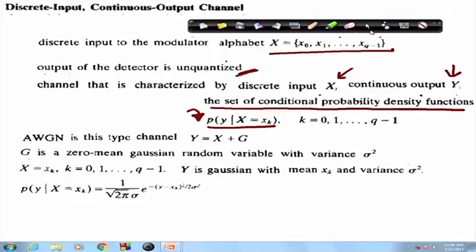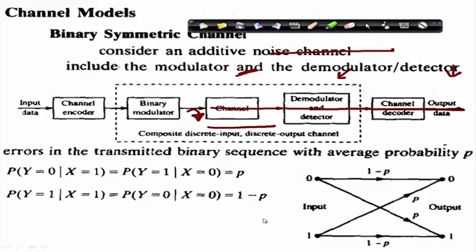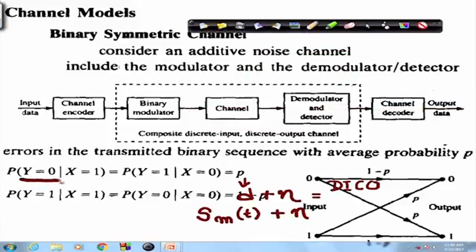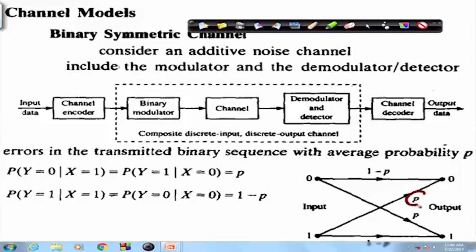If we go to the previous slide, we find that these are the transition probabilities, and these are clearly due to the noise effect, because of which you have a certain probability of error. In this case it is the probability of bit error, which is equal to p. So, the noise is getting translated to a transition probability.